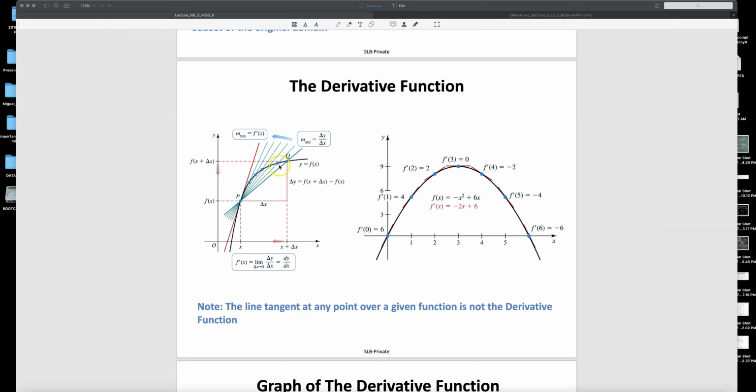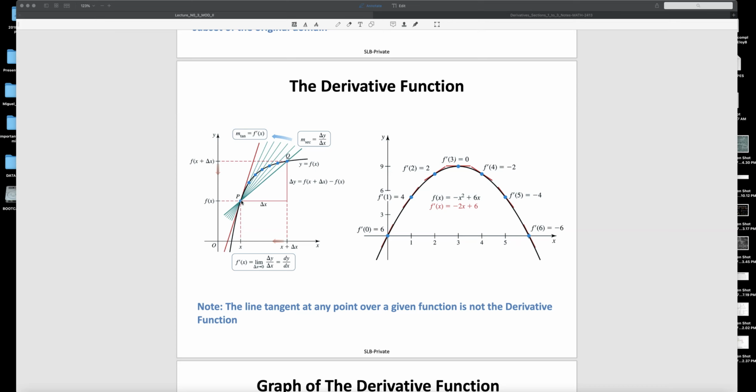And we know that the slope of that tangent line represents the instantaneous rate of change of the function at that particular point. We introduced that definition already.